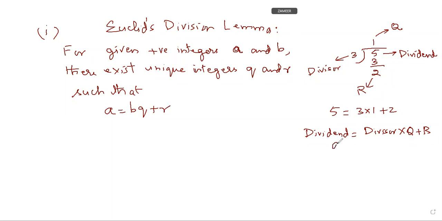Here the divisor is denoted by b, the quotient is denoted by small q, and the remainder is denoted by small r.